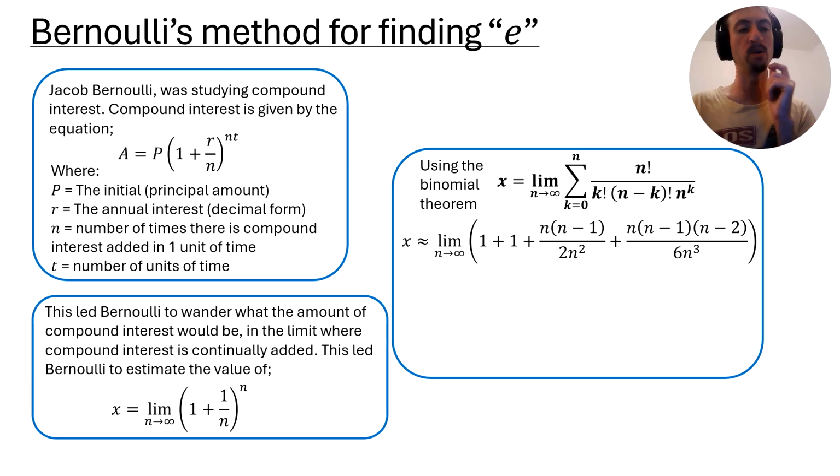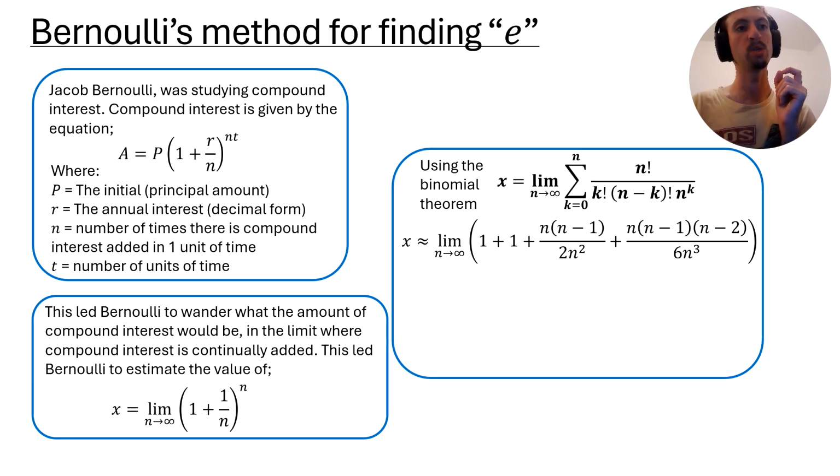So what is n factorial over k factorial times n minus k factorial times n to the k when k is 2? Well, n factorial over n minus k factorial would be n factorial over n minus 2 factorial, which would leave us with n lots of n minus 1. So that's where the n times n minus 1 comes from in our third term.